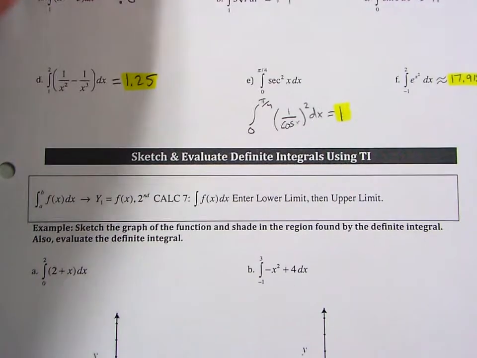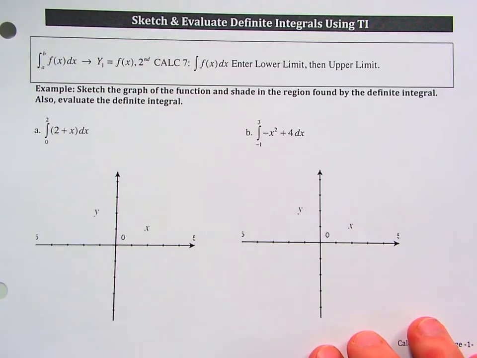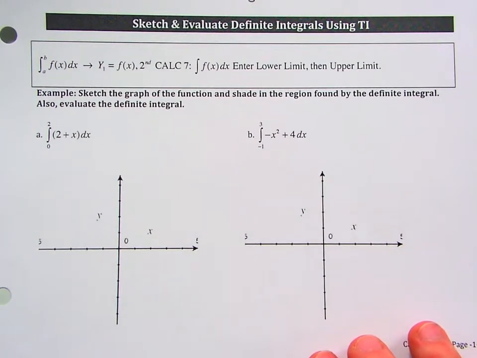Next we're going to look at how we can also find the definite integral using our graphing functions. The example says, sketch the graph of the function and shade in the region found by the definite integral. Also evaluate the definite integral. Here, we want to work in our y equals.